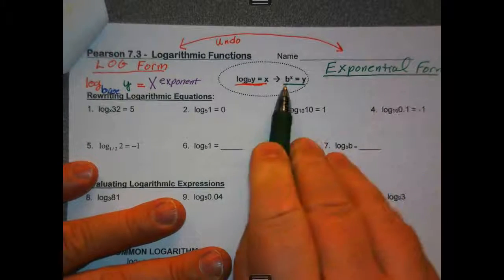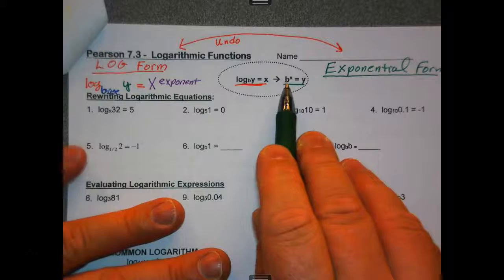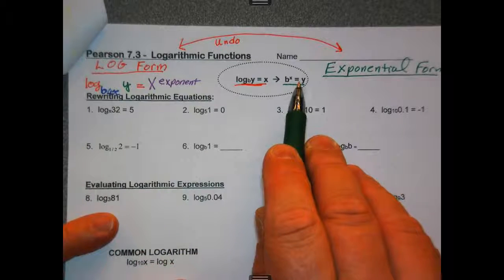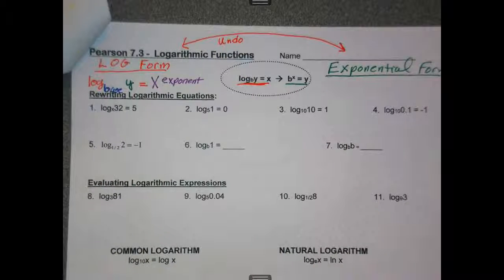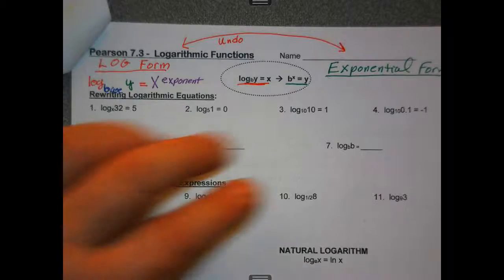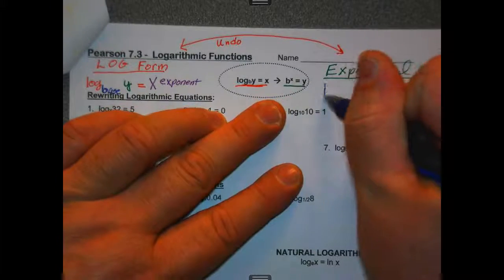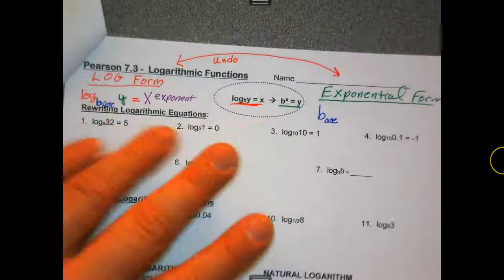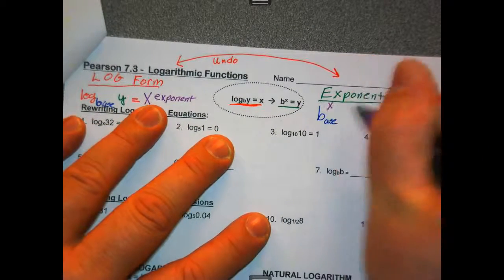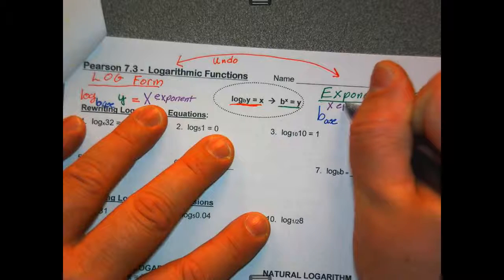So let's look at our exponential form. What's b to the x? What's that called? In fact, what's any number called? Every number is a power, right? Every number is because there's a number 1 as an exponent. We just never write it down. So pretty much every number is a power. Okay, so we have b, which is our base, raised to our x, which is our exponent.